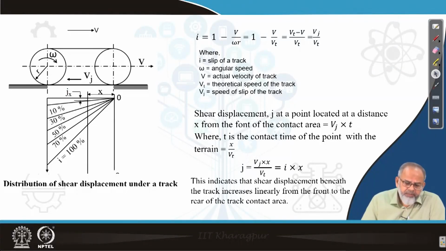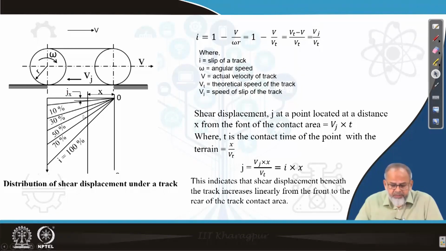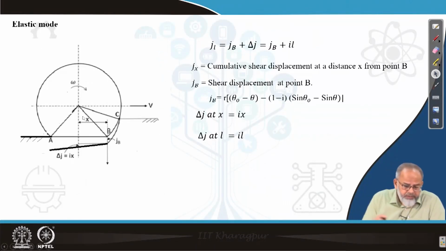Now that means the flat portion will behave like a track, and the shear displacement will be computed as you have followed for computing the shear displacement in the case of a track. So in a pneumatic wheel, we will consider that shear displacement in this flat portion will be equal to i into x.